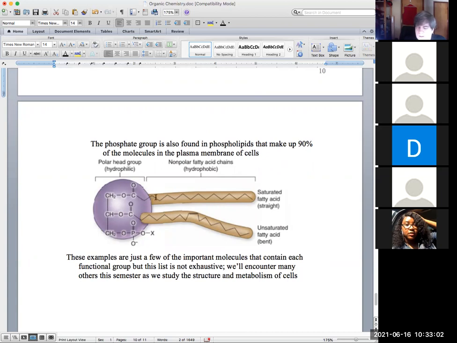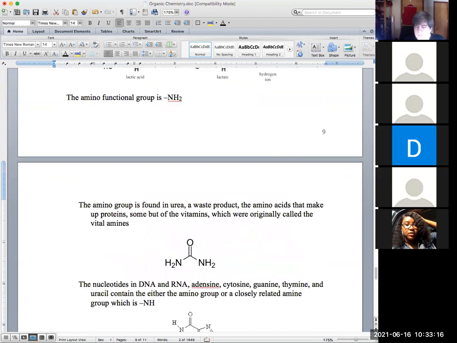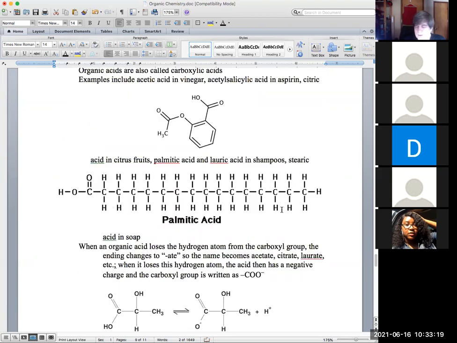So these 2 brown areas are areas that are usually called nonpolar fatty acid tails. So fatty acids, that's another fancy name for palmitic acid and things like that.